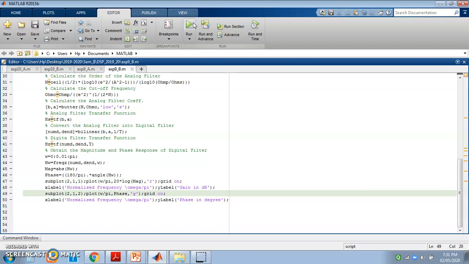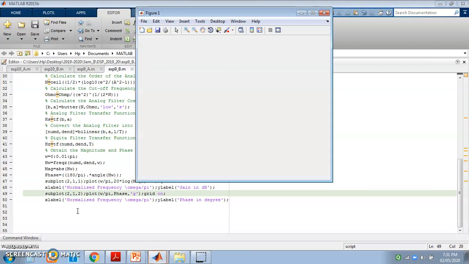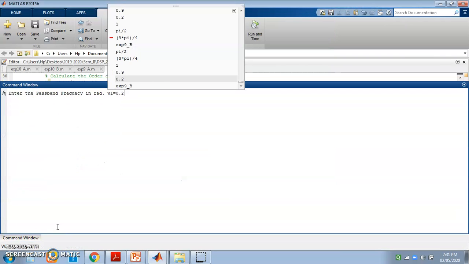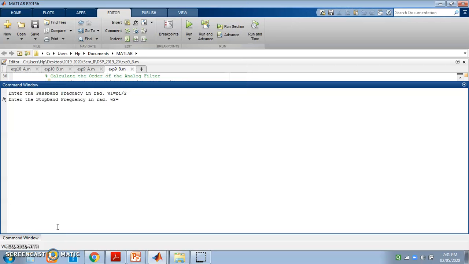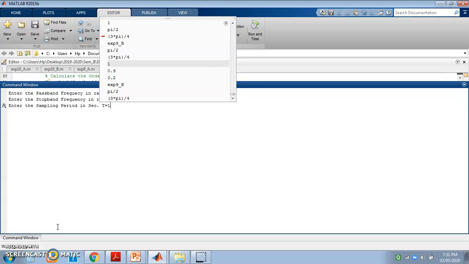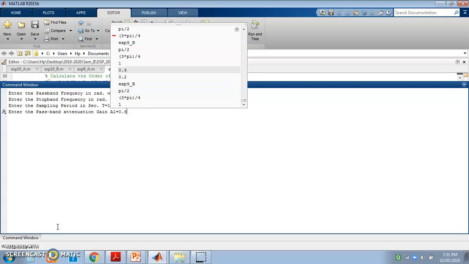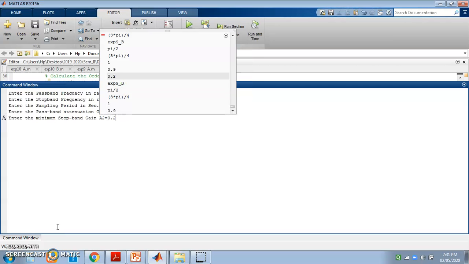So once we run it, we have to enter the specifications, that is passband frequency pi by 2, then stop band frequency 3 pi by 4, then sampling period is equal to 1 second, then passband attenuation as 0.9 and stop band attenuation as 0.2.